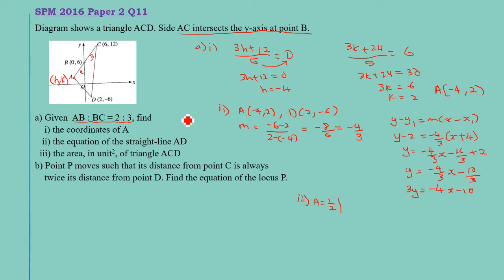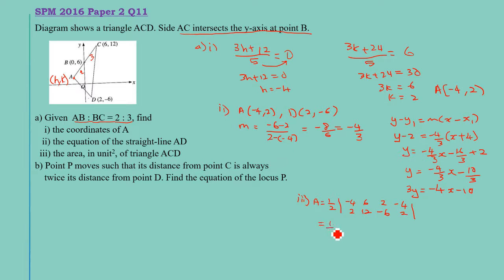So you must follow clockwise or anticlockwise. So let's say we follow ACD. So A is -4, 2. Your C is 6, 12. And then you have D is 2, -6. And then repeat your A again, the first coordinate, repeat again.